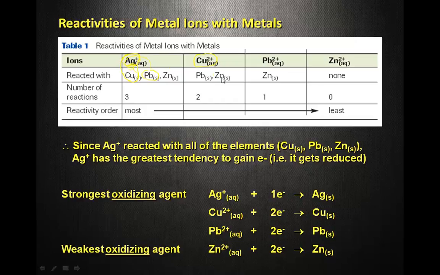And the same thing with zinc solid. Zinc was put into a solution of copper+2. And copper+2 went up to zinc and said, hey, give me your electrons. But you'll notice what's missing is Ag solid. Because you did that experiment, you put Ag solid into copper+2, but when copper+2 went up to Ag solid and said, give me your electrons, basically what silver said was, no, I'm stronger than you.